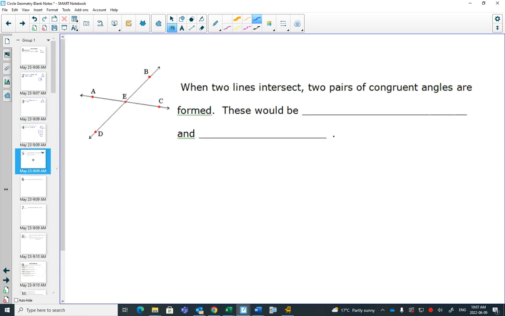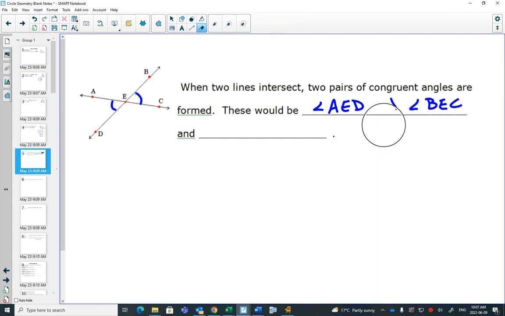When two lines intersect, two pairs of congruent angles are formed. Which ones are the same? This angle and this angle. So we could say angle AED and angle BEC.